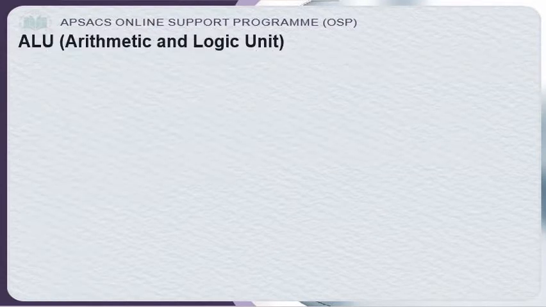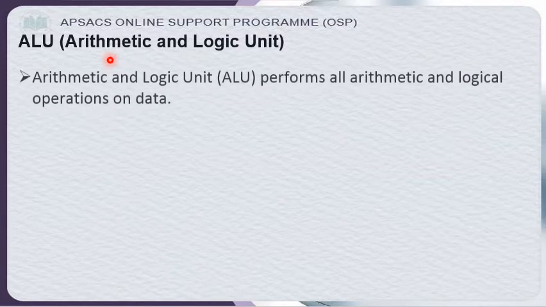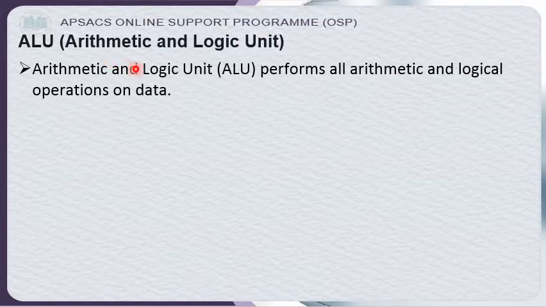The arithmetical logical unit, also known as ALU, performs all the arithmetic and logical operations on data. Where are these arithmetic and logical operations done? All of them are done inside the CPU, but on a separate unit known as the ALU.